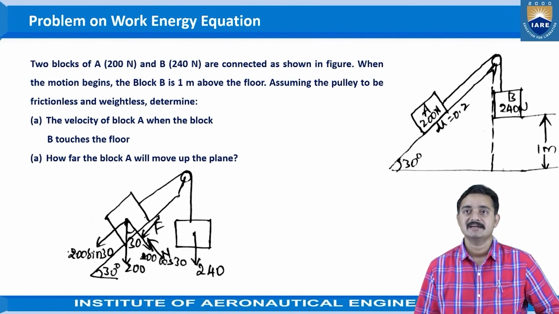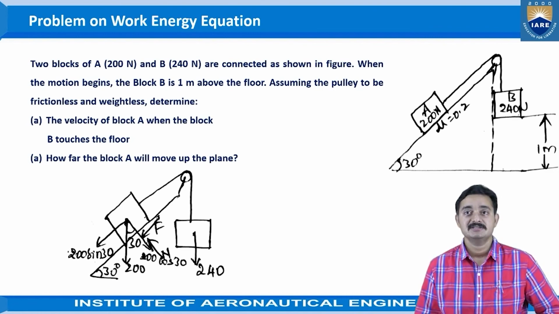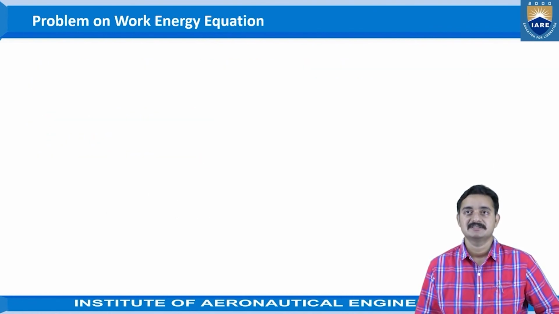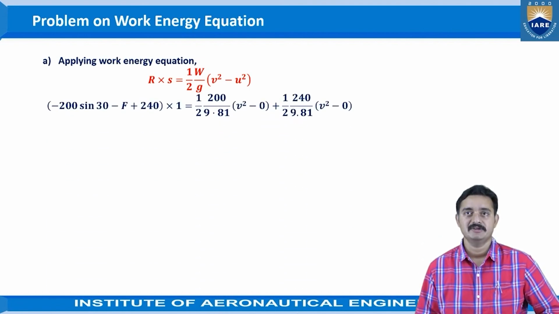This is the free body diagram of the given system. Here we are directly applying two bodies as it is, and the directions in which the forces are acting are being considered. Now for applying the work energy equation for case 1, we get R into S is equal to 1 by 2 W by G (V square minus U square).